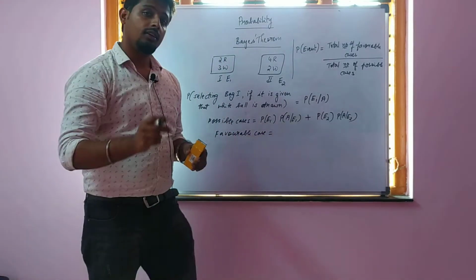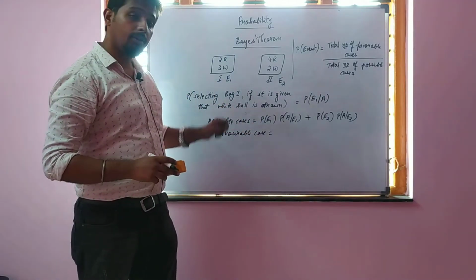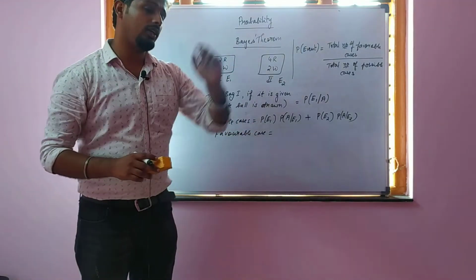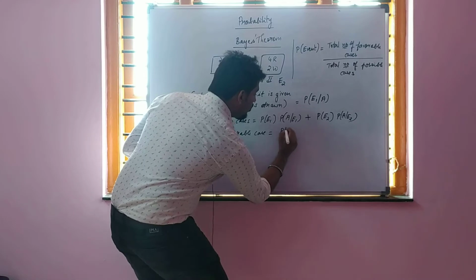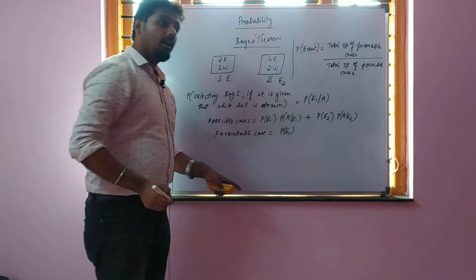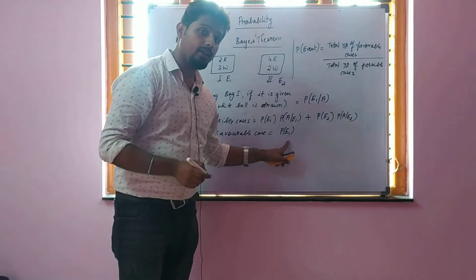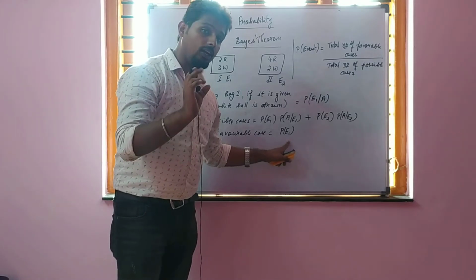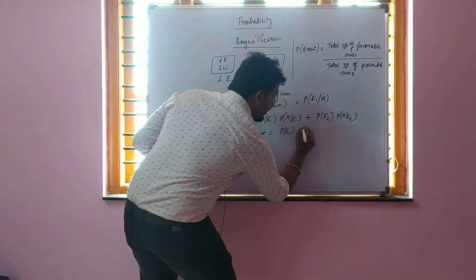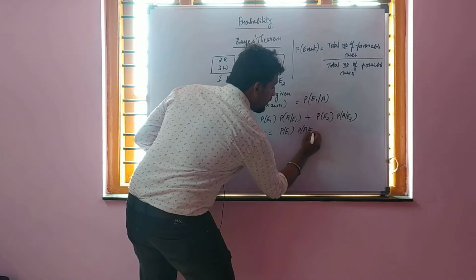Here, the favorable case is nothing but selecting bag 1. Is that right? Now I am reaching only bag 1, so P of E1. After reaching this bag 1, we are selecting only the white ball, so here we get P of A given E1.